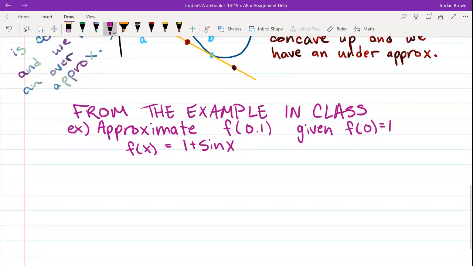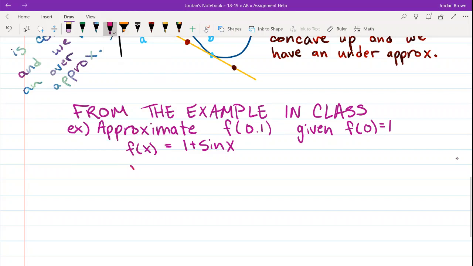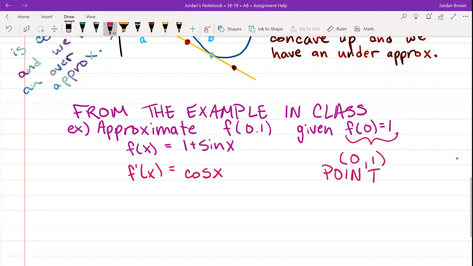So what we did was we took the derivative, and I'm going to change colors here so we can see the distinction. We took the derivative and we got just cosine x. And then this was a point 0, 1. And we're going to use f prime of 0 to figure out the slope at 0. So the slope at 0 is 1.